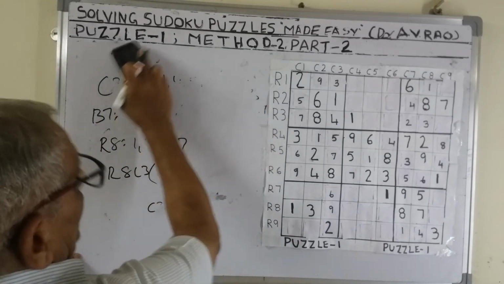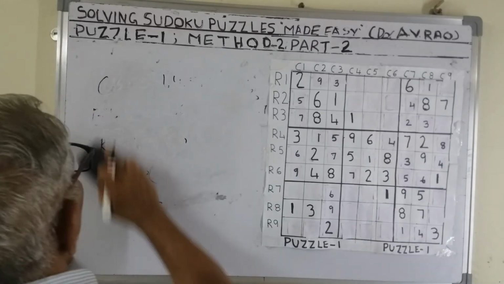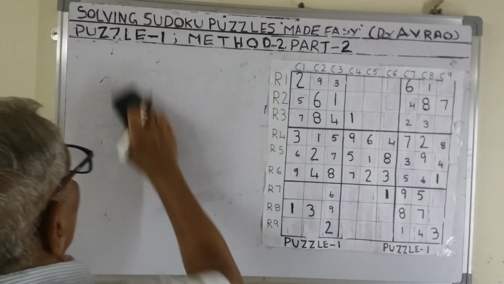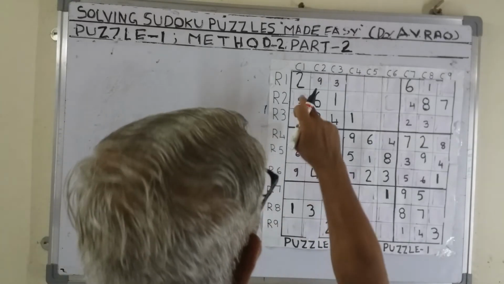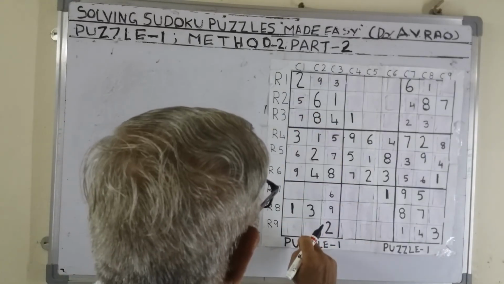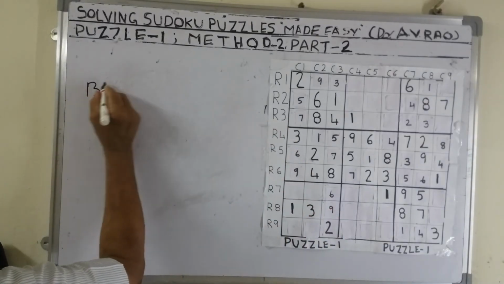Friends, now let us take up C1. This is also almost completed. So these two cells come under C1. This is box 7, B7.